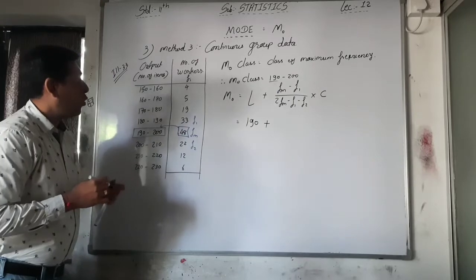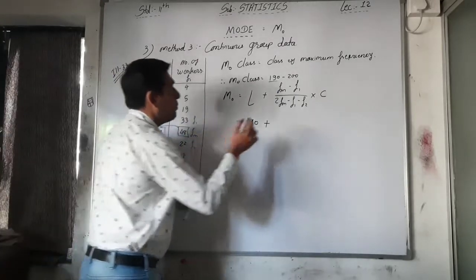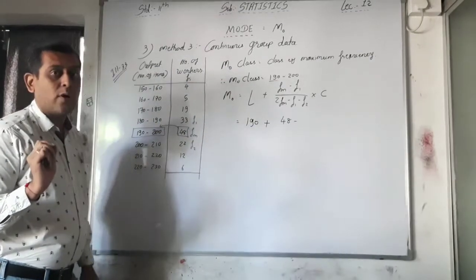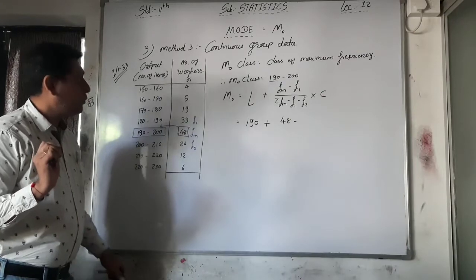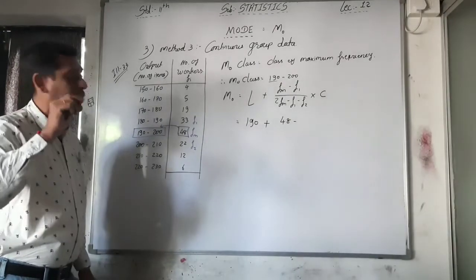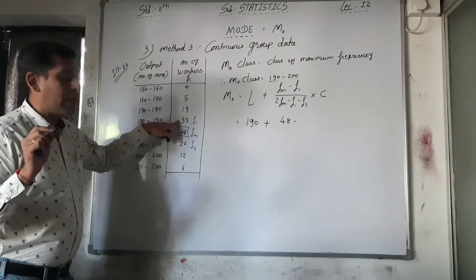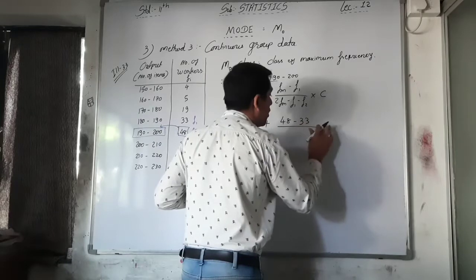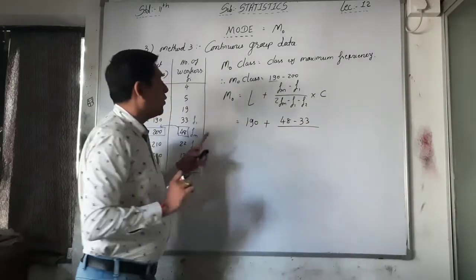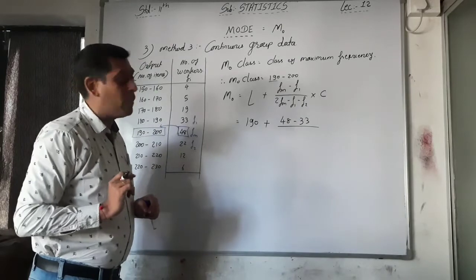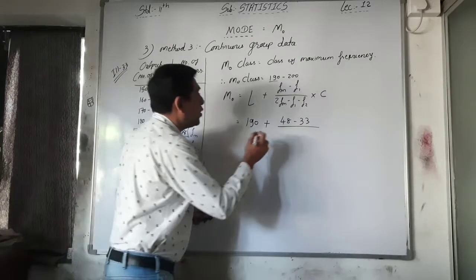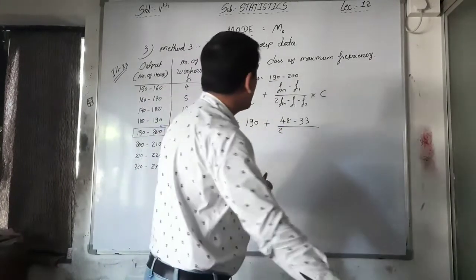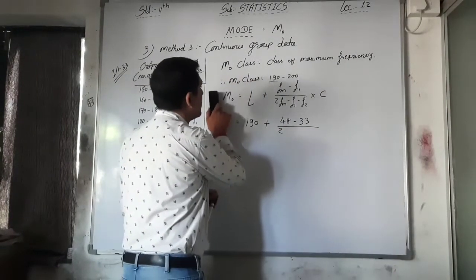So what is your Fm? 48, the maximum frequency, or the frequency of the model class, minus F1, the frequency of the class prior to the model class, that is 33. So 48 minus 33, divided by 2 Fm, that is 2 into... here again Fm is what? First of all, I have to write all these things.